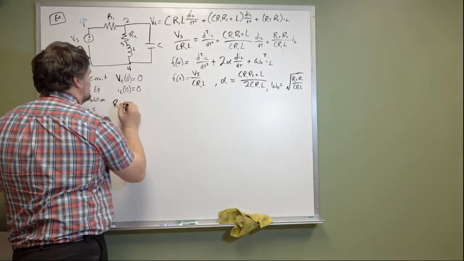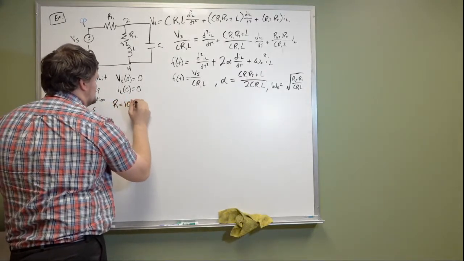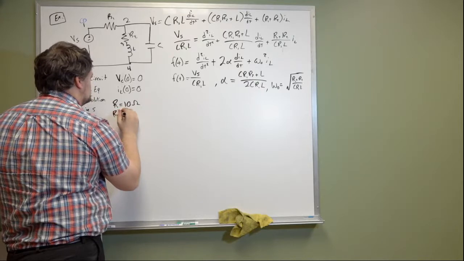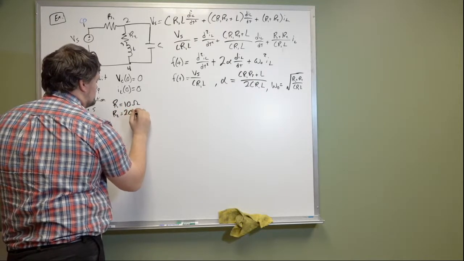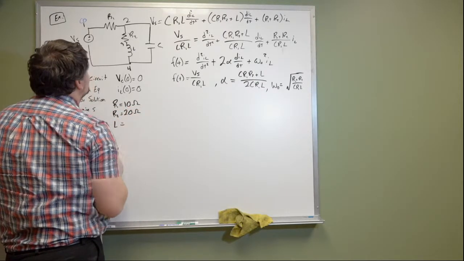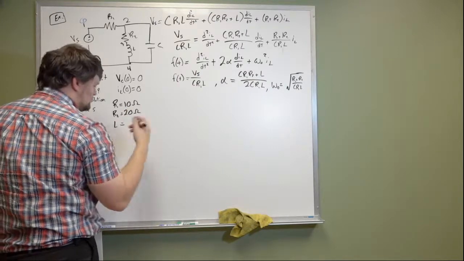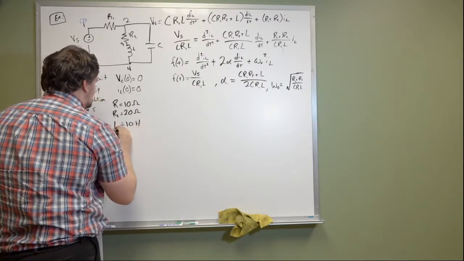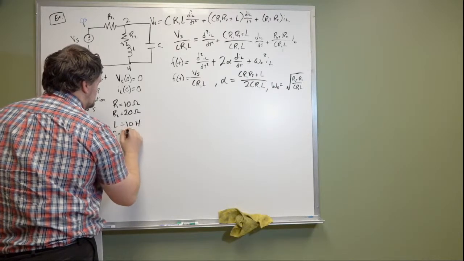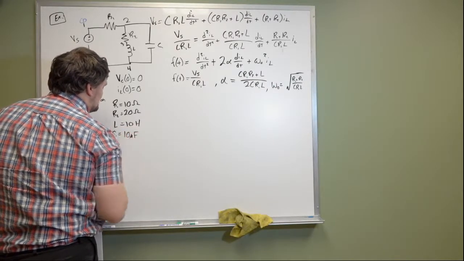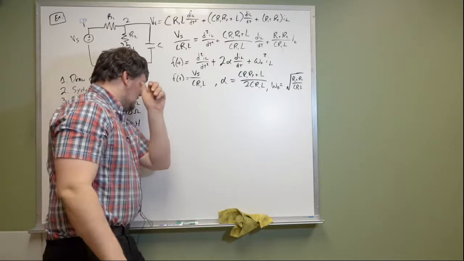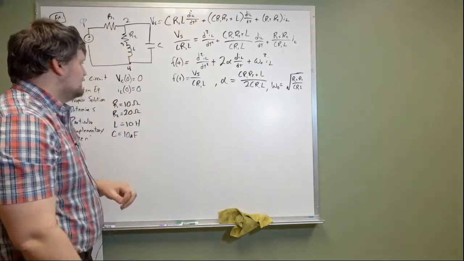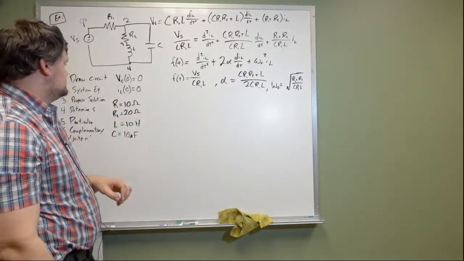I'm going to have R1 be equal to 10 ohms, R2 will be equal to 20 ohms, L will be equal to 10 henries, and C is going to be equal to 10 microfarads. Okay, nice, nice.